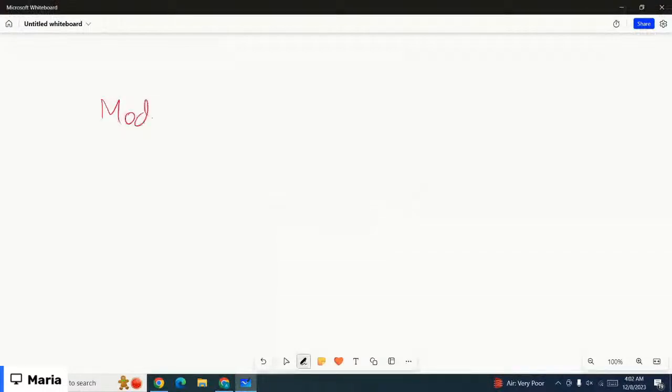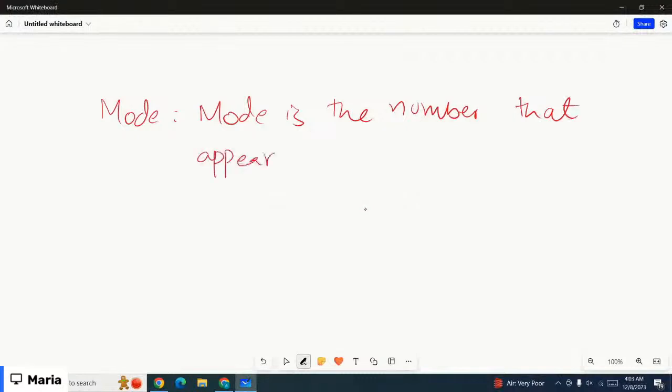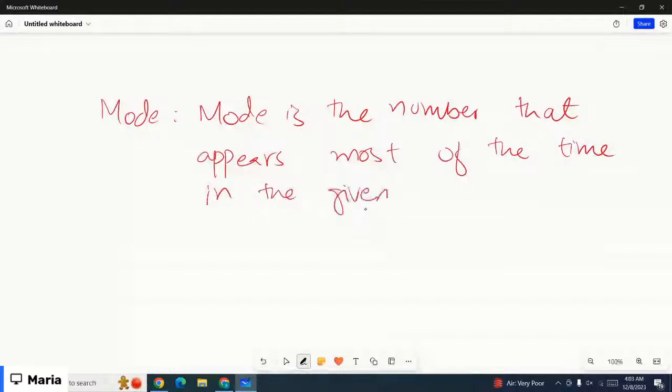Mode is the number that appears most of the time in the data. Here is the definition of the mode.